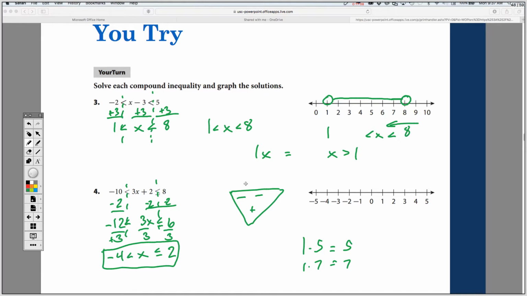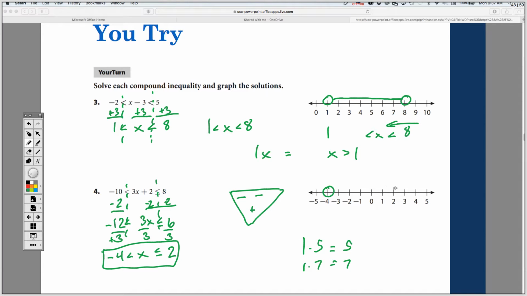Okay, Jonna. The genius. You ready? You're laughing so much. Alright, how do I graph this? What should I circle? Okay, negative 4. And what? 2.